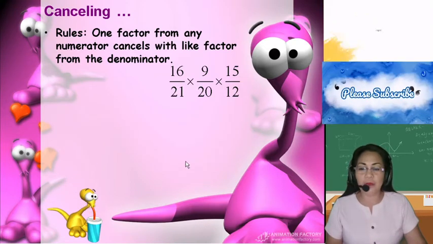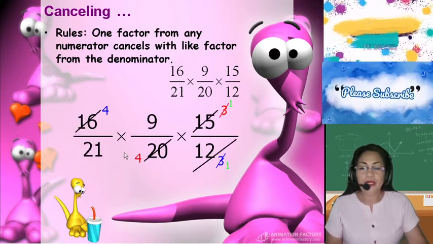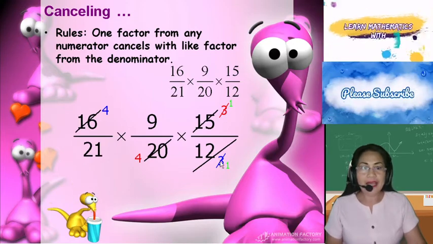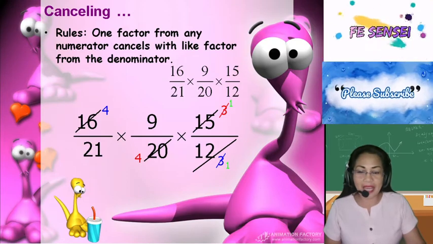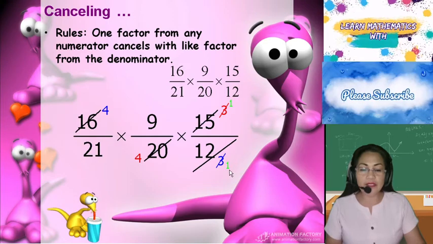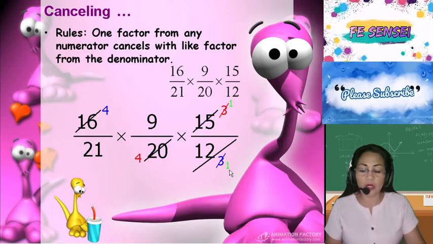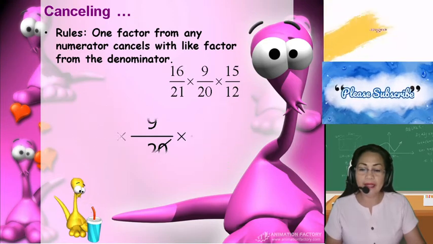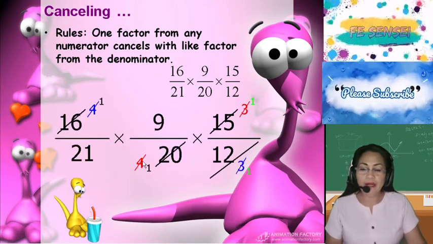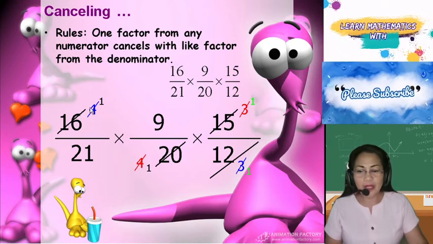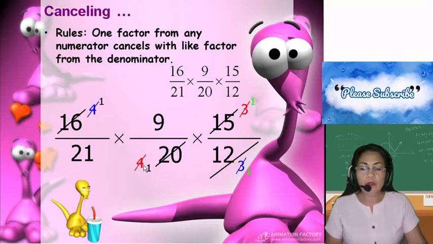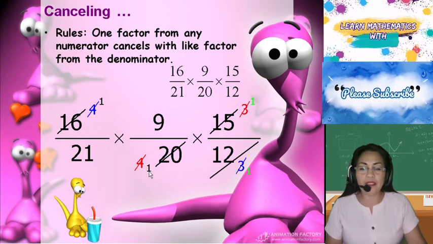And let's continue. So 3 and 3 can be divided by 3. So this becomes 1, and also the denominator 1. Then 4 and 4 can be divided by 4. So 4 divided by 4 equals 1, and 4 divided by 4 is 1.